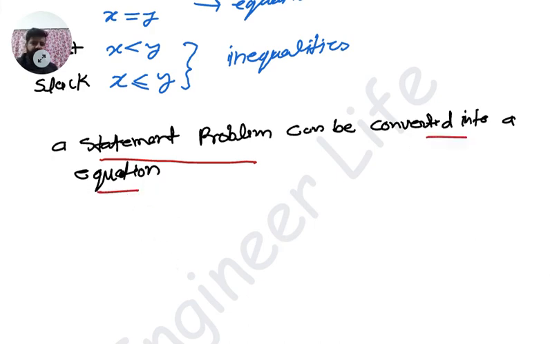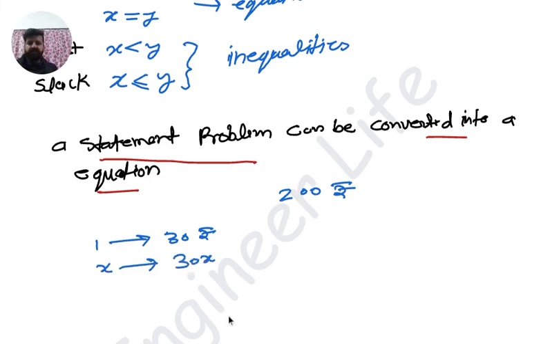Suppose I say you have 200 rupees, and you have to purchase a quantity. The price of that quantity is 30 rupees. So the price of x quantity will be 30x, and as I already told you, you have only 200 rupees, and if I purchase x number of quantity, the total value will be 30x.